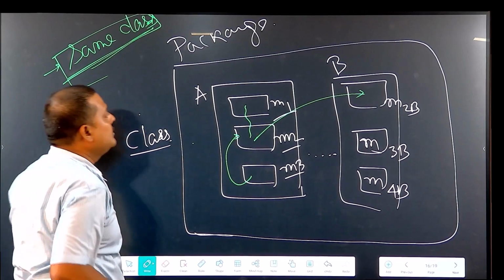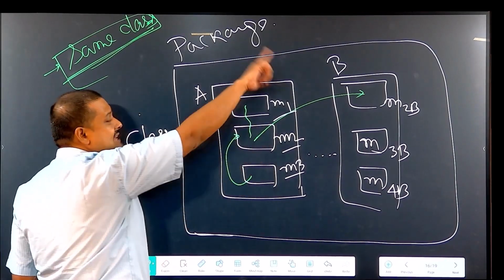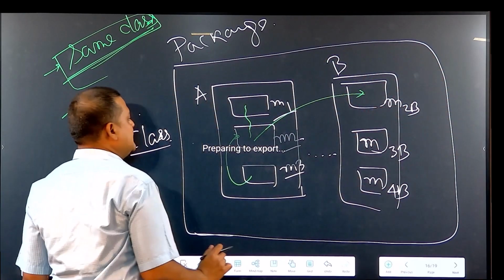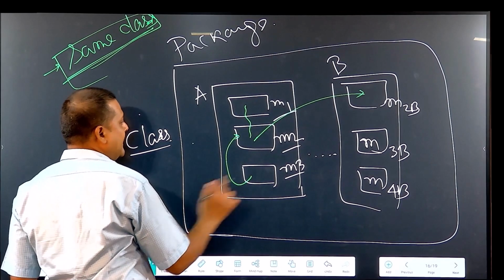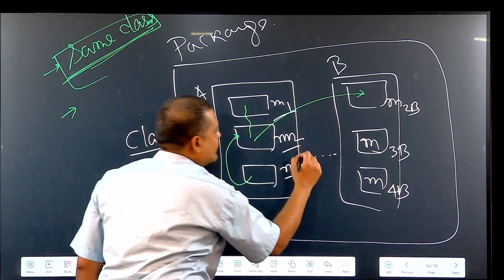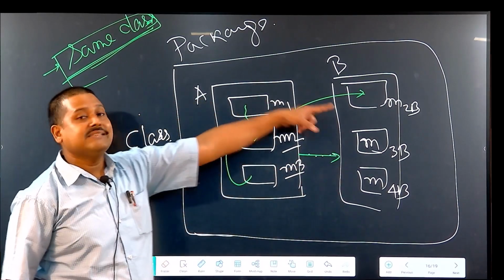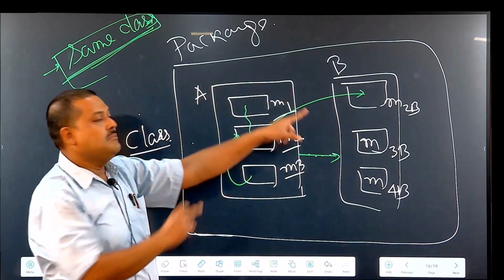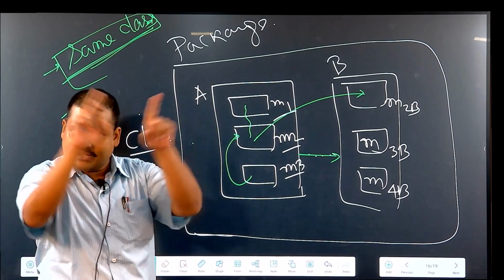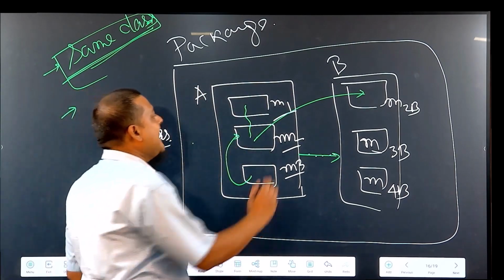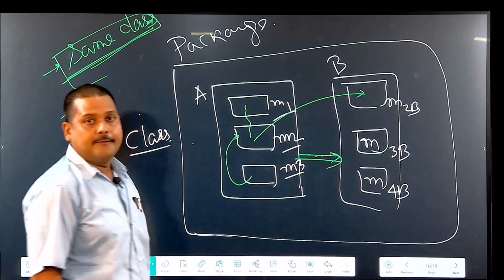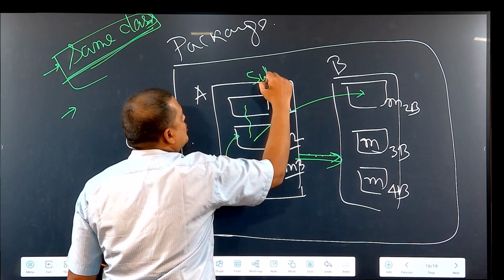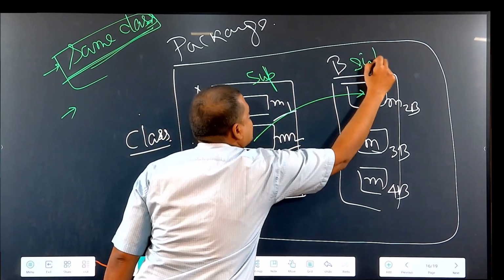Another scenario is within the same package. This is a package, and in this package, class B is inheriting class A. Class A and B are both present within the same folder or same package, and B is inheriting class A. So we can say this is called the superclass, and this is called the subclass.